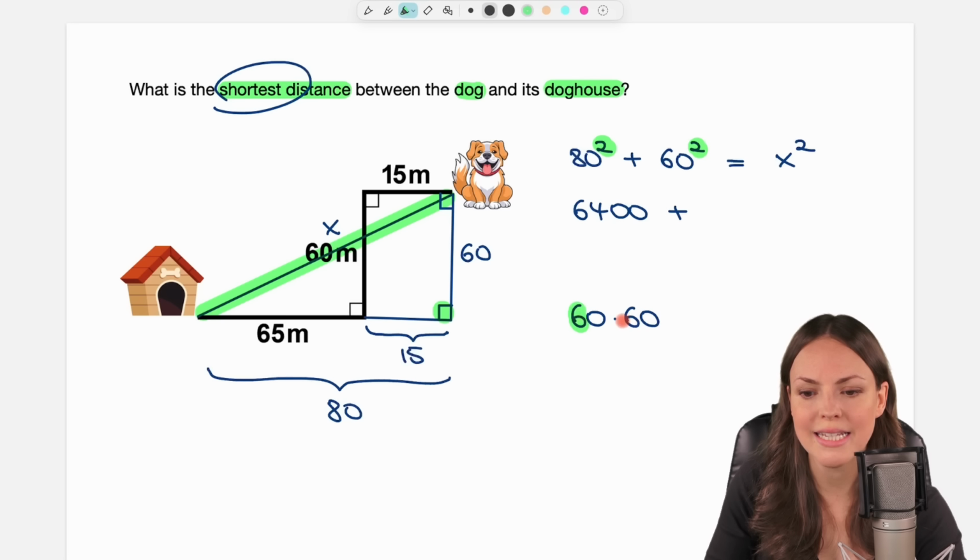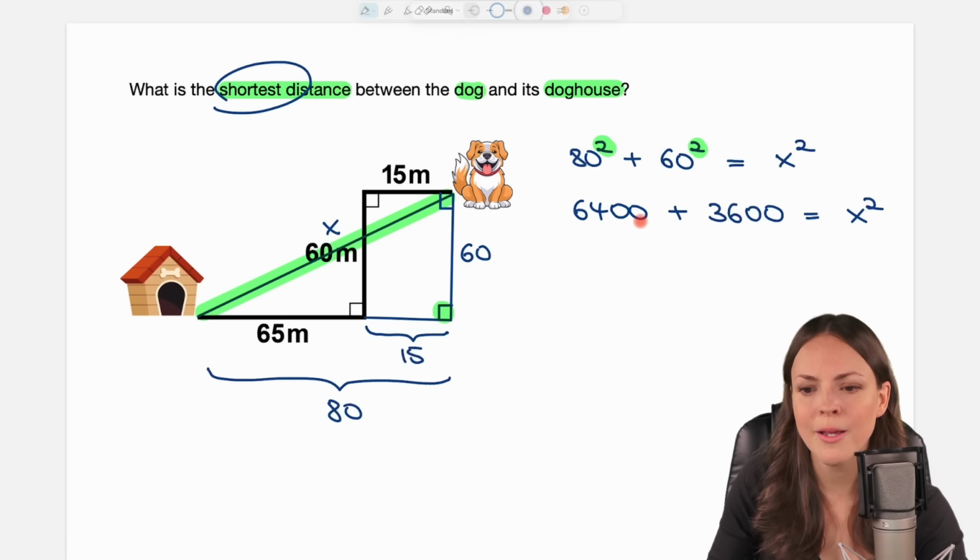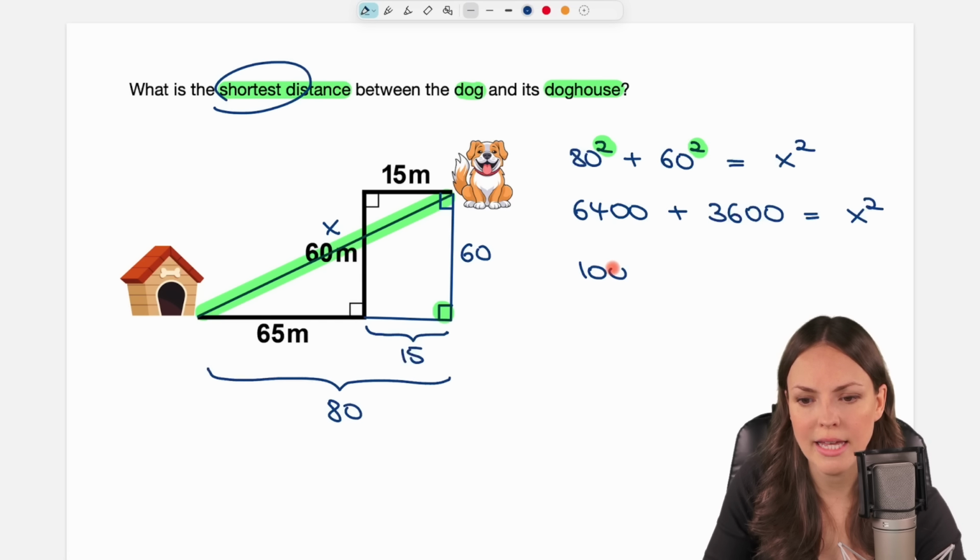So we multiply 6 by 6 first, which equals 36, and then we add these two zeros. If we add these two numbers, we get 10,000 here. On the other side, we have our x squared.